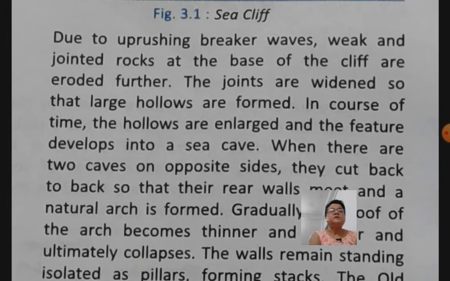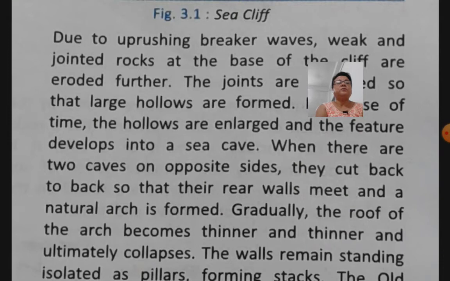Okay, in course of time the hollows are enlarged and the feature develops into a cave. When there are 2 caves on opposite sides, they cut back to back so that their rear walls meet and a natural arch is formed. Okay, how natural arch is formed, it is explained.